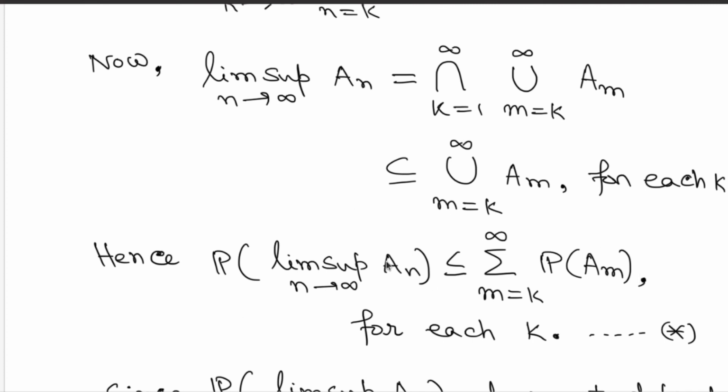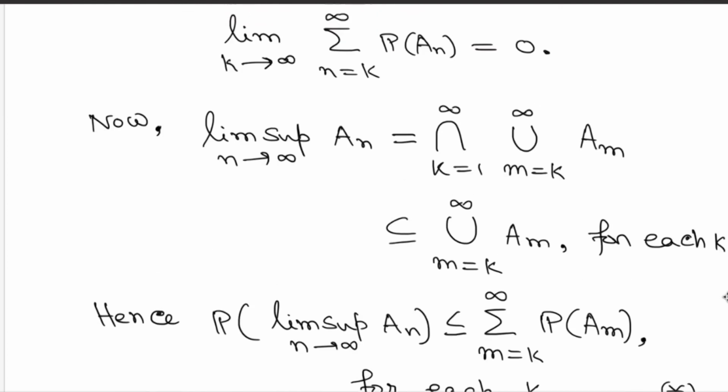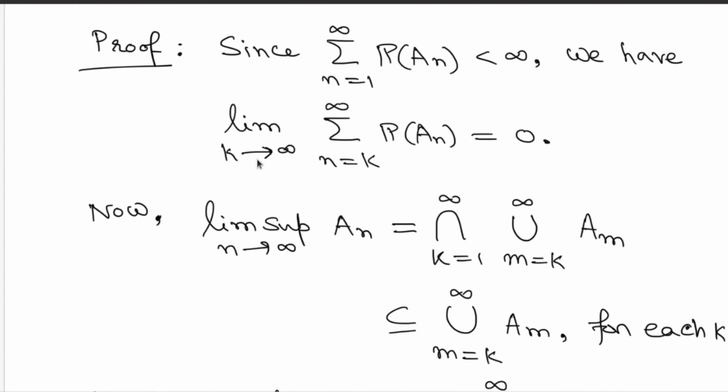So the probability of the limit superior of the An is dominated from above by the probability of the union, and that is further dominated by this summation from K to infinity of the probabilities of these events. This is true for each K. Since limit superior An is contained in these unions for each K, you have this upper bound for each K. That's our first observation. But then you apply the convergence fact: the limit as K goes to infinity of this summation is 0.